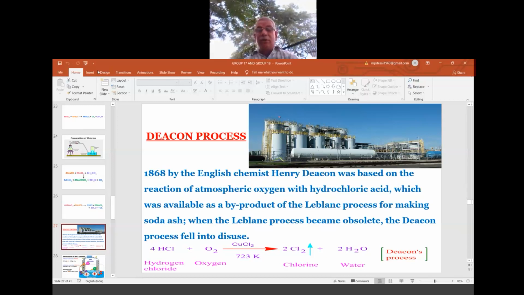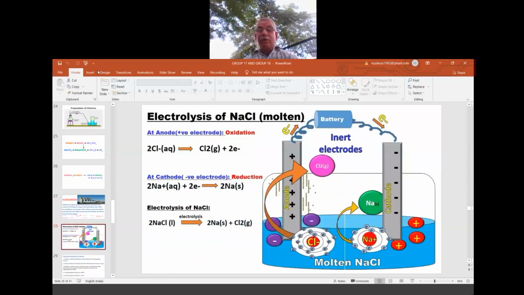So in industrial chemistry, this is the electrolytic dissociation of sodium chloride, the best method. Sodium chloride is available in the ocean, about 3 percent. So collect it, separate it, purify it, then take it to a molten condition, that is liquid condition. Then allow the current to flow. Na separates, Cl separates.